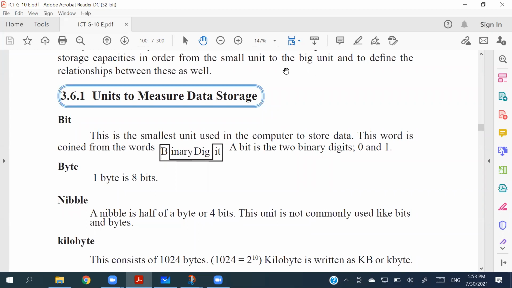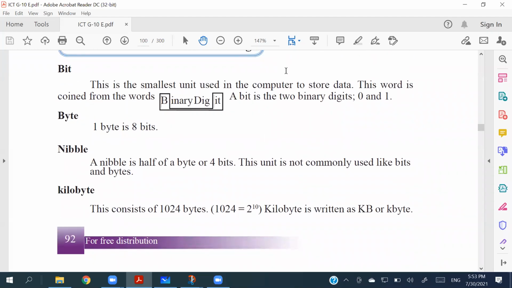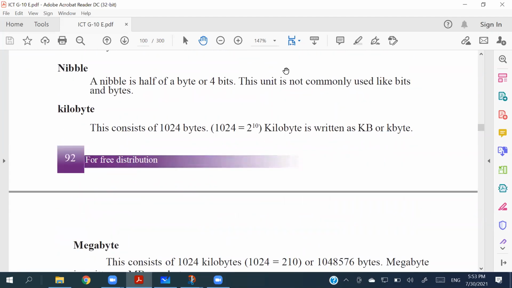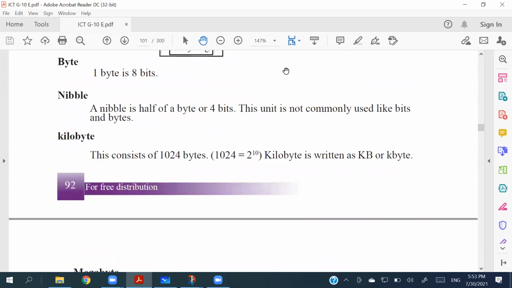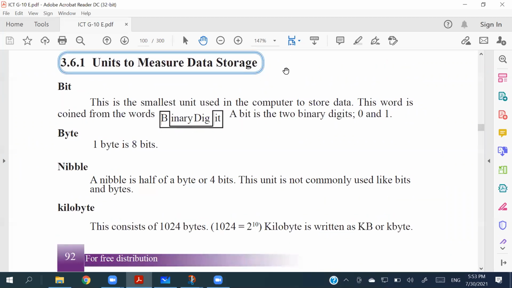Thereafter, you may have heard the words kilobyte, megabyte, gigabyte, even terabyte, and sometimes you may not be familiar with the petabyte. Today I'll tell you the connection between these units.